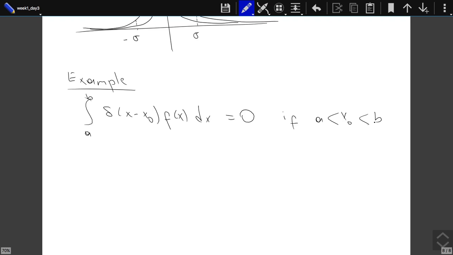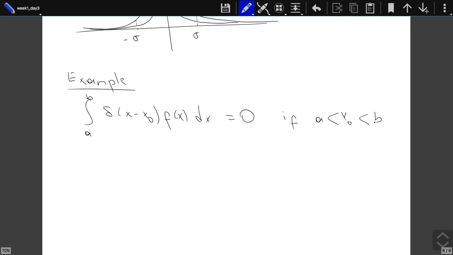So if x0 is less than a, you see in that integral, whenever you see an integral, it's just a sum. Just give different values to x and sum their values. So x always takes values from a to b. But x0 is less than a, so in that range, x is always larger than x0.